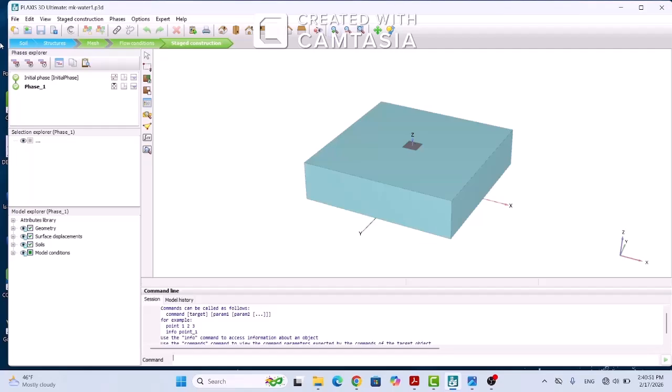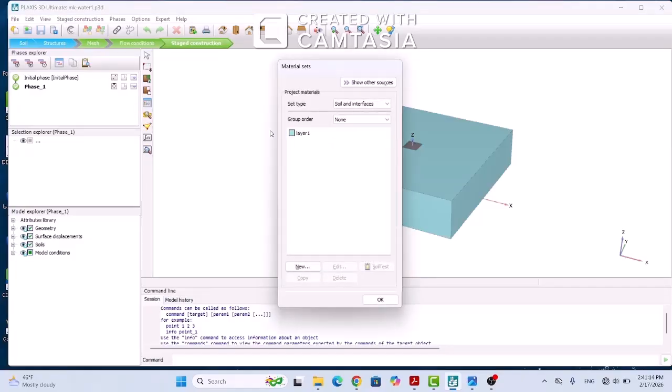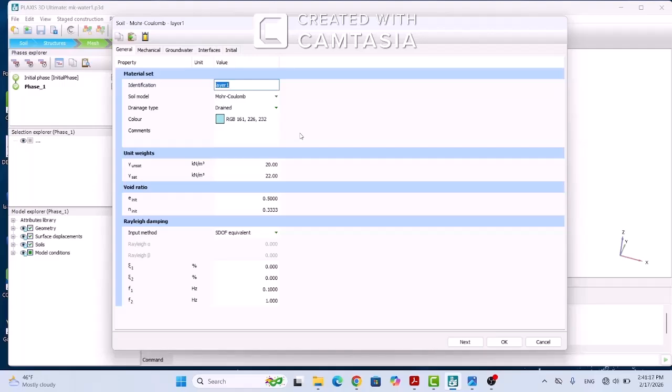So for calculating the first model, we use the main model. Main model is MK water one. We consider this model layer one properties are gamma unsaturated 20, gamma saturated 22, and the situation is drain condition.